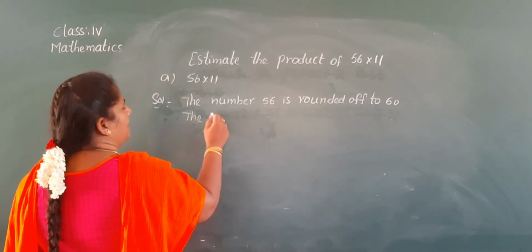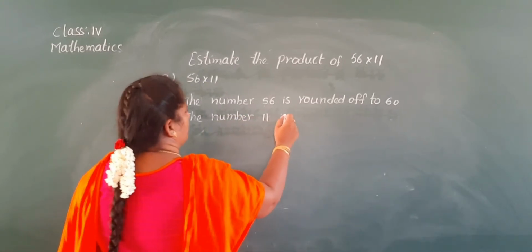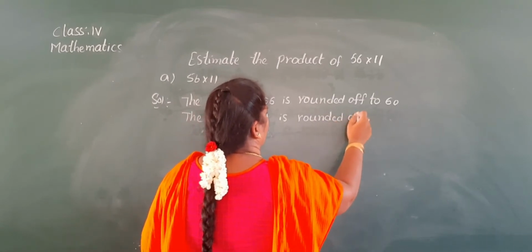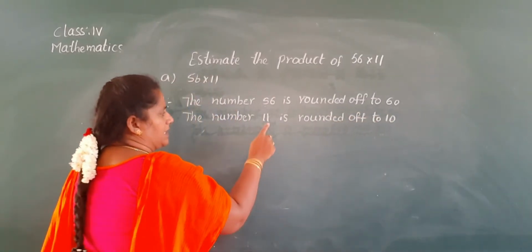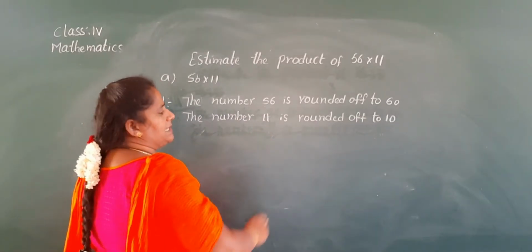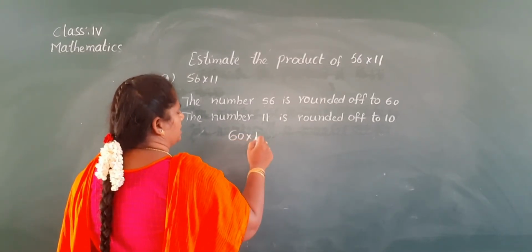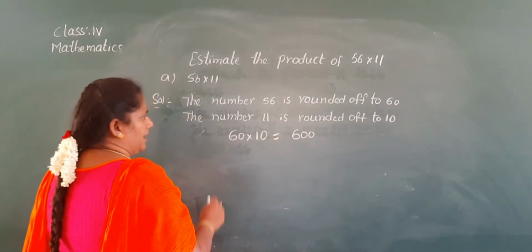Now the number 11 is rounded off to 10. Why? The digit in the ones place is 1, which is less than 5. So this number is rounded off to 10. Now we find the product. 60 into 10 is 600.